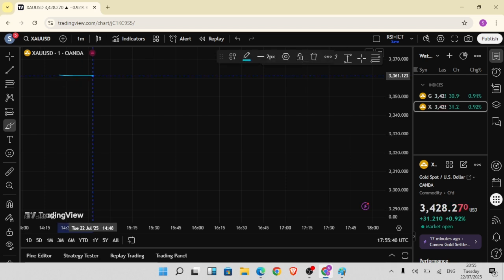Now, a bearish candle is forming, okay? It opens and forms a high.